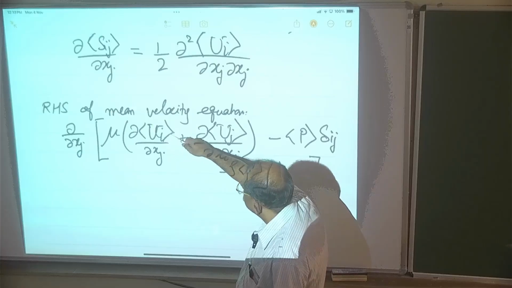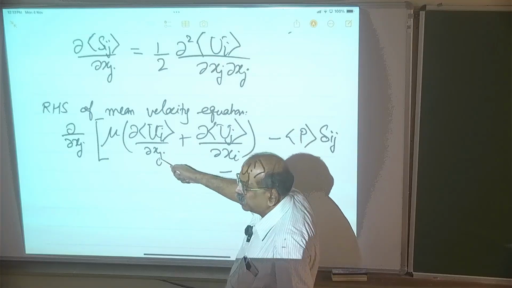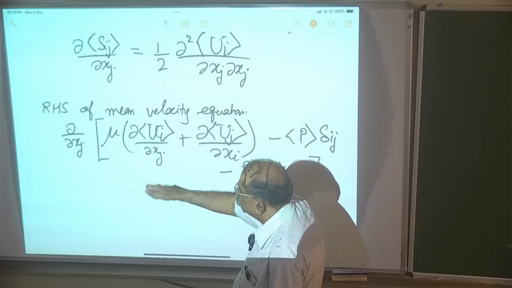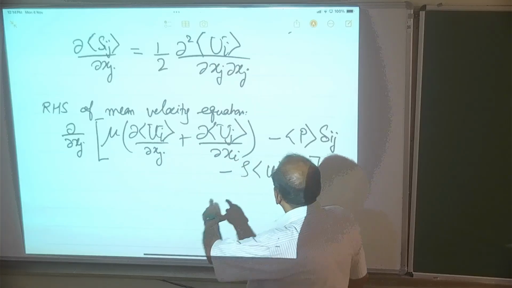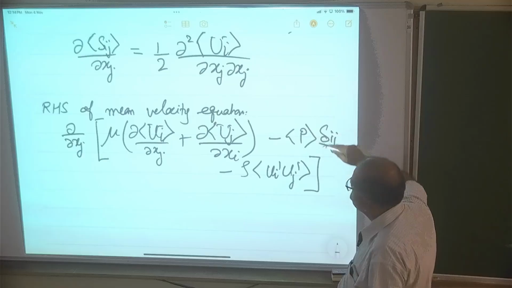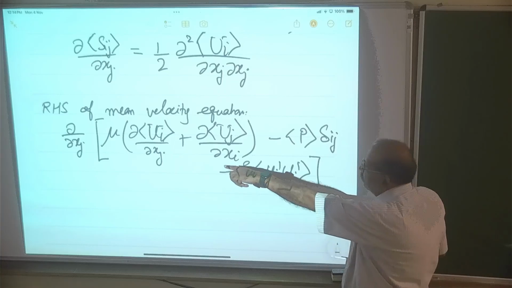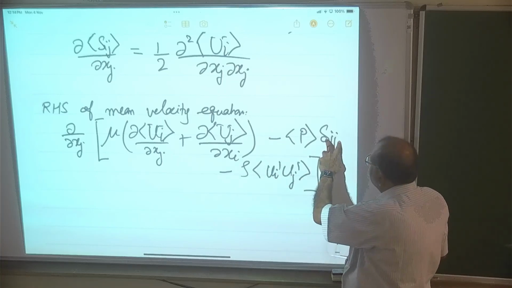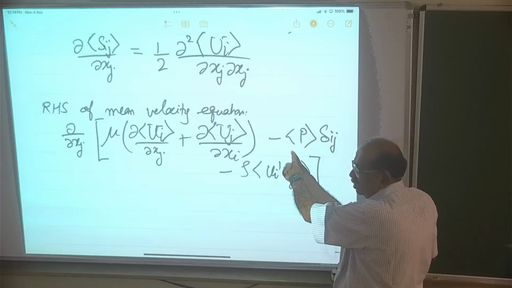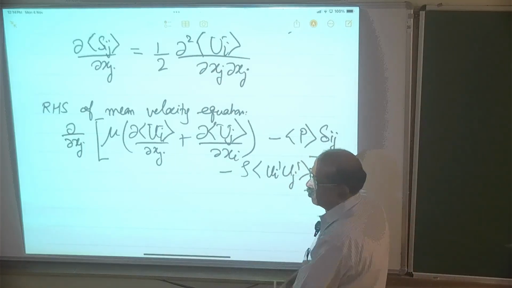So this term was d2 ui by dxj, which with invoking the continuity equation becomes 2 mu times Sij. The 2 and the half cancel each other. And then we have partial p by partial xi. So that can be written as p times delta ij d by dxj, because when you operate d by dxj, then this will go away and we'll get partial p by partial xi. And similarly, this rho u prime, we had it in the same.